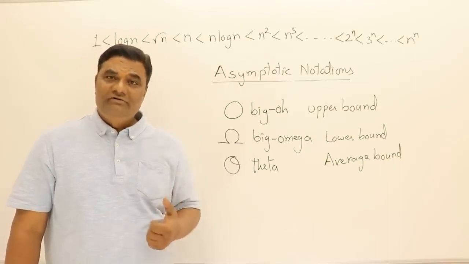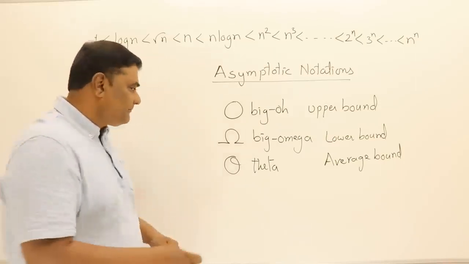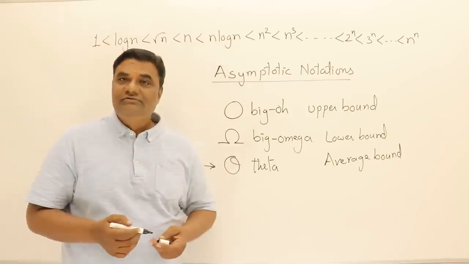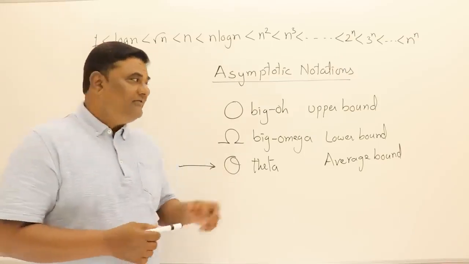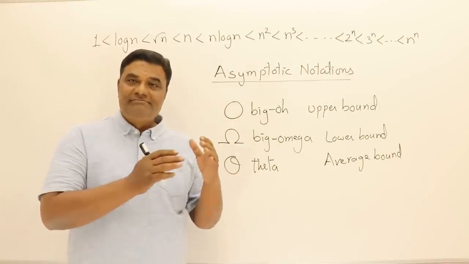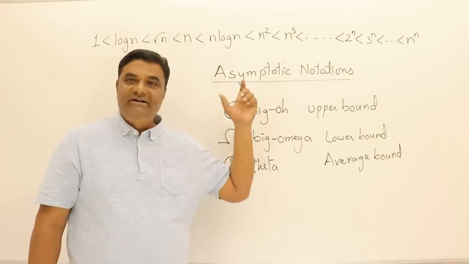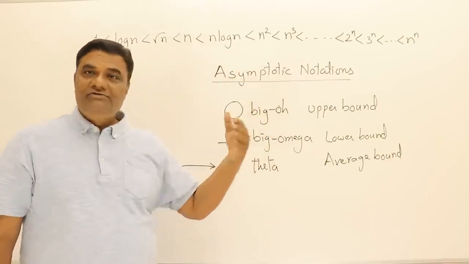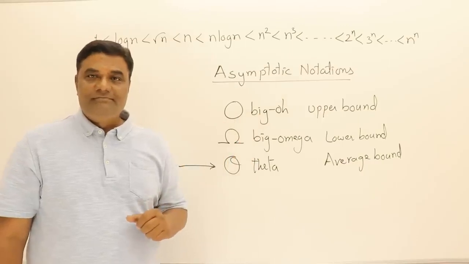Now what is useful out of these three? This one is useful. Then why do you have these two? Why do you need upper bound? If you cannot specify the exact place of any function out of these, then you can show the upper bound of that function.